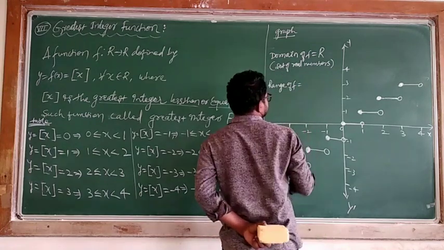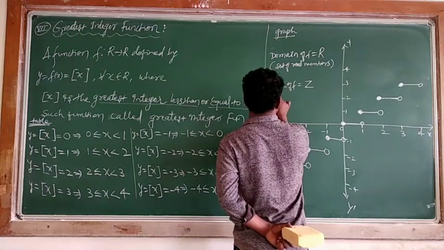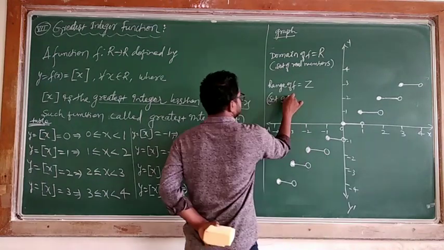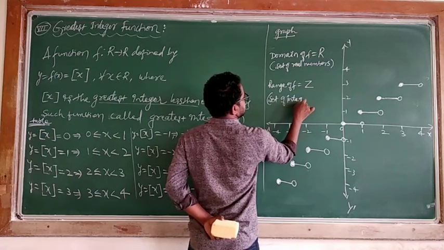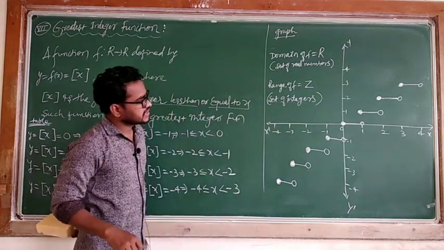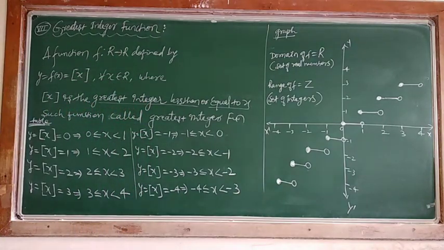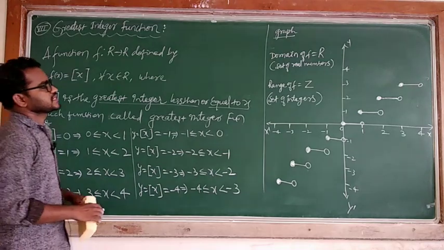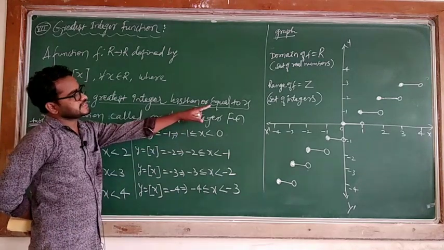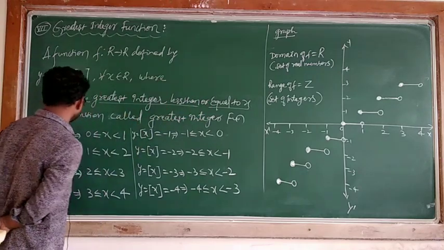The set of integers, Z. This is the graph of the function. The domain of the greatest integer function is the set of real numbers and the range is the set of integers. Keep this in mind while drawing the graph.